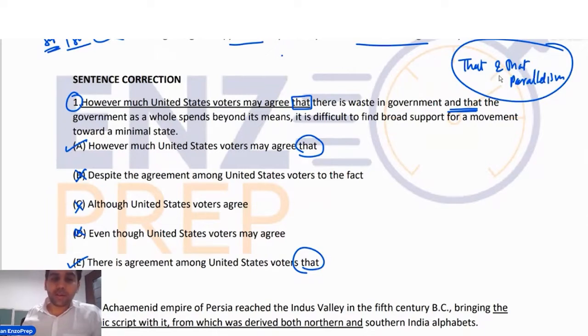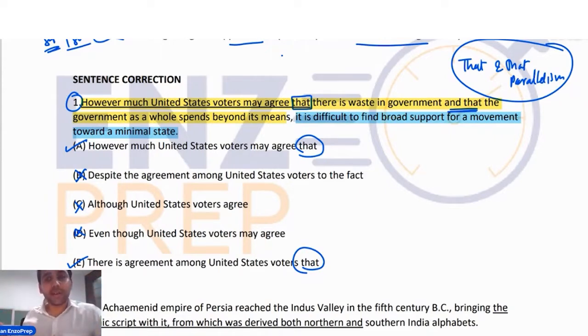Now, between A and E, you can understand that there are two parts to the sentence. The first part is until the word means, and the second part starts with the word it's and goes on until minimal state. These two parts are not complementing each other, but contrasting each other.